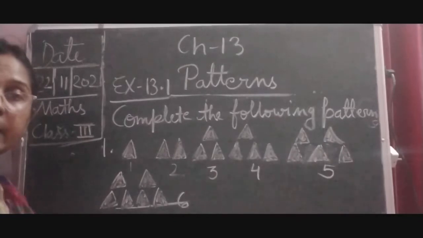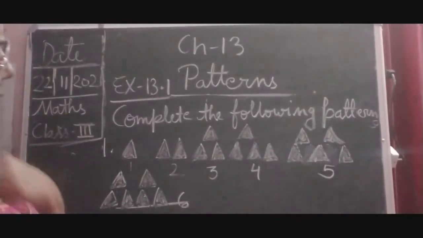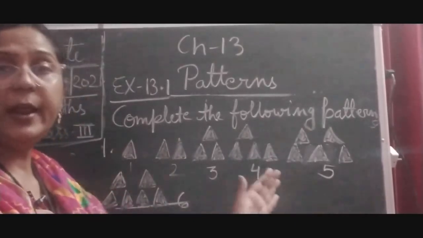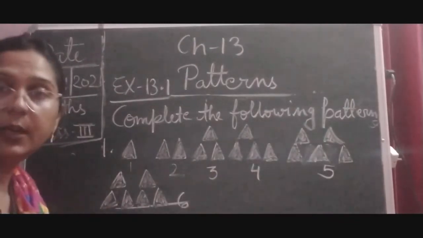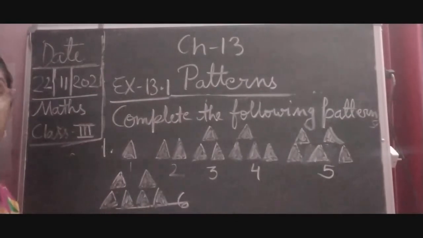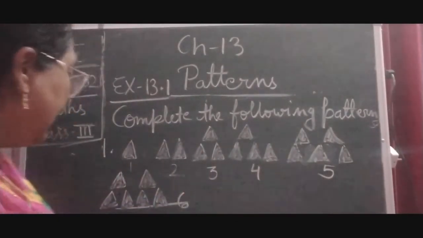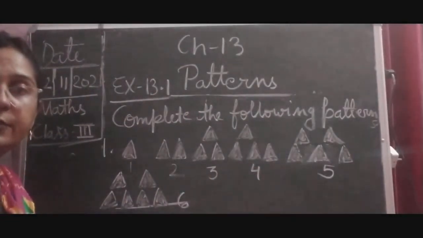So children, here you can see the beauty of this pattern, that if we keep adding 1 triangle, then a beautiful pattern number 6 will be ready. So this is the answer of this question. Now it means 1, 2, 3, 4, 5 and now here 6. Okay. So children, complete this first number.